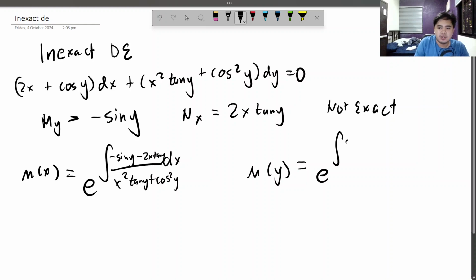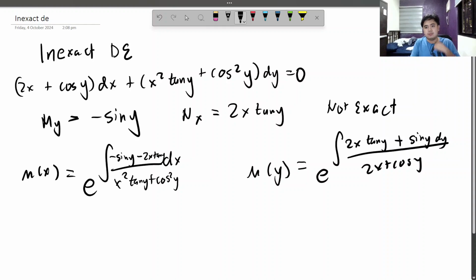So N_x, 2x tan y, minus negative sine y, so plus sine y, over, on the bottom we get 2x plus cosine y. Is this still solvable? Tangent y really hurts.